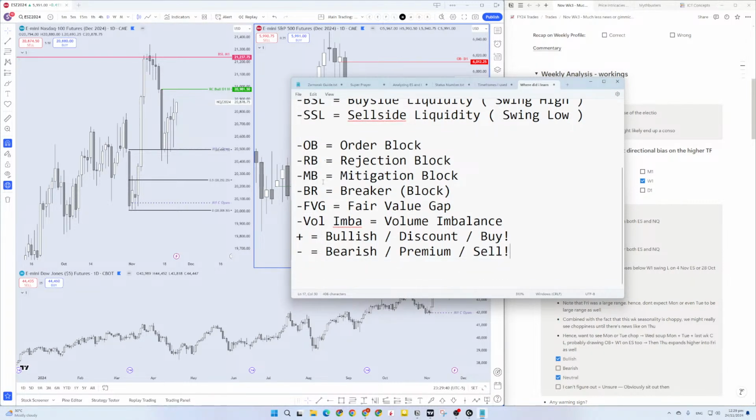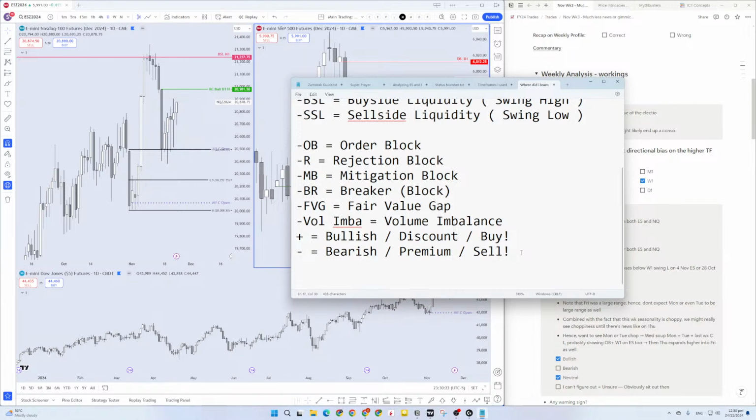In other words, if price is dropping and then goes to OB plus, this means that I want to look to buy, or I expect this price level that I indicate as OB plus to support price. Likewise, if I put an RB minus, usually I don't really use RB, I just put R. So you see that R minus on screen, it just means that I'm looking at the premium rejection block.